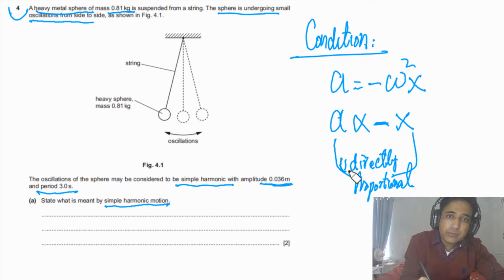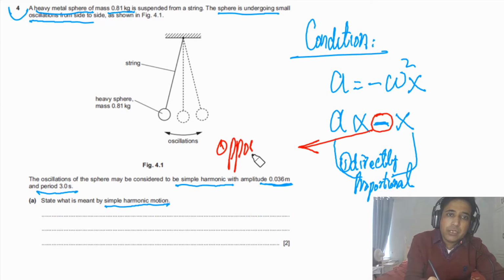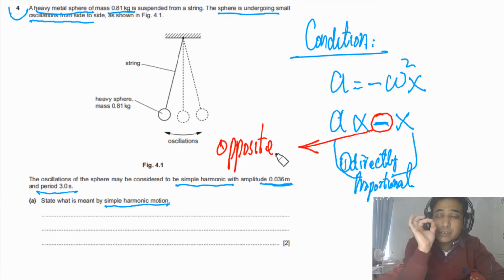So this is one point. Now we need to state the significance of this minus sign. This minus sign is telling us opposite directions. It means x and a have opposite directions.